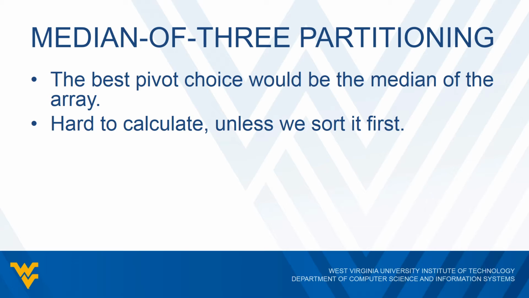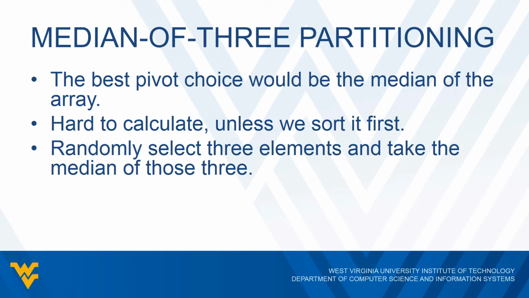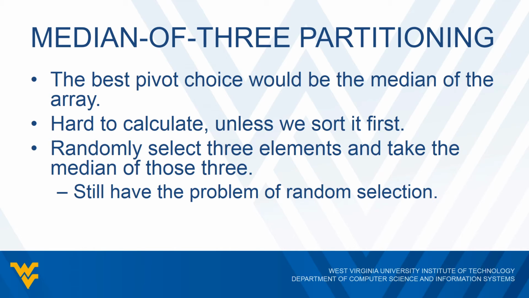So a good estimate of the median is we'll randomly select 3 elements, and we'll take the median of those 3. And what's nice about this is if we pick the median of these 3 elements, there's absolutely no way we can pick the smallest or largest elements of the array. Can't happen. Now we might pick something that's close, but we cannot pick the absolute smallest or absolute largest element. But the one issue with this is we still have this random selection problem.